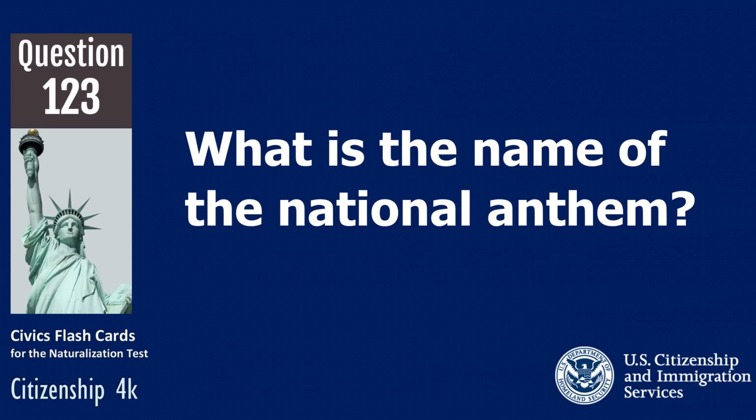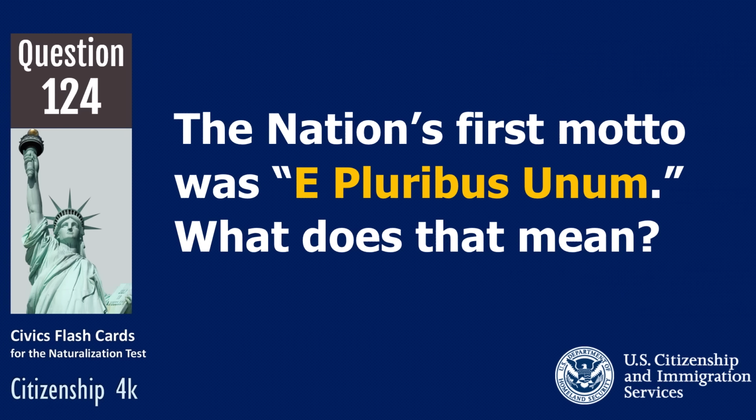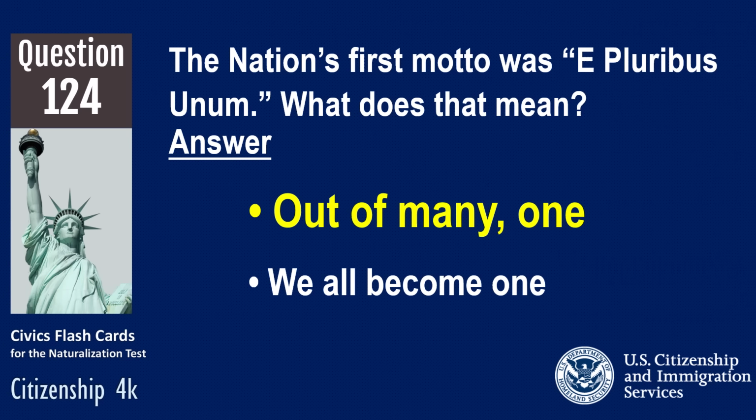What is the name of the national anthem? Star-Spangled Banner. The nation's first motto was E pluribus unum. What does that mean? Out of many, one.